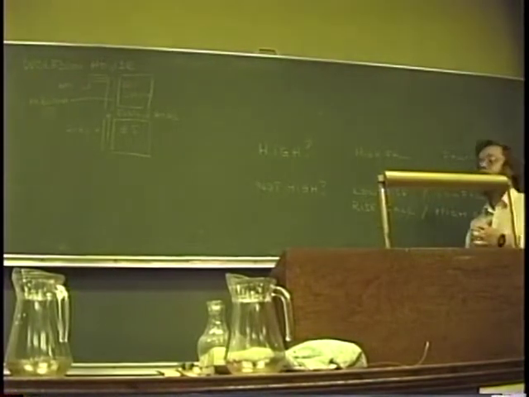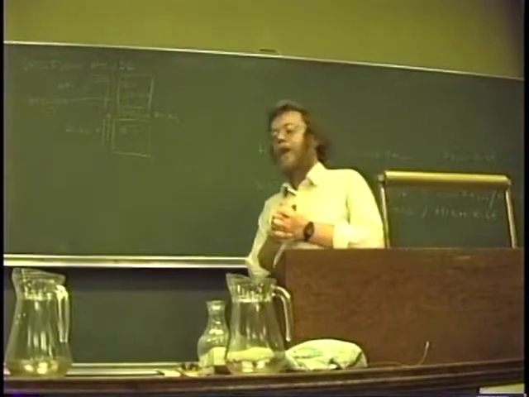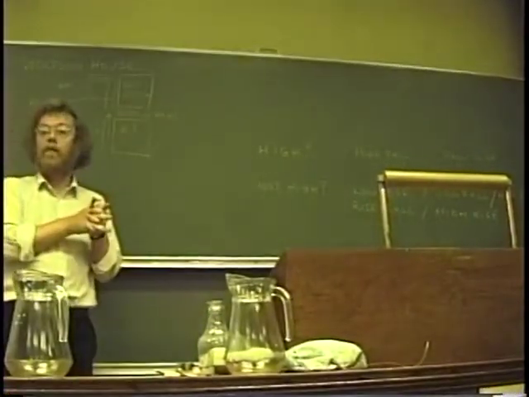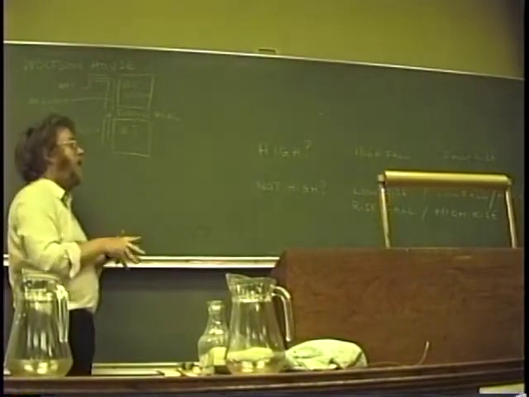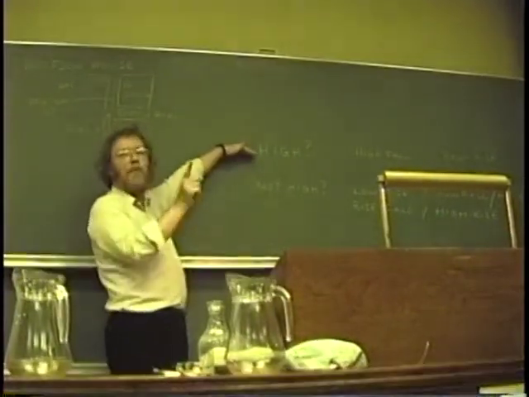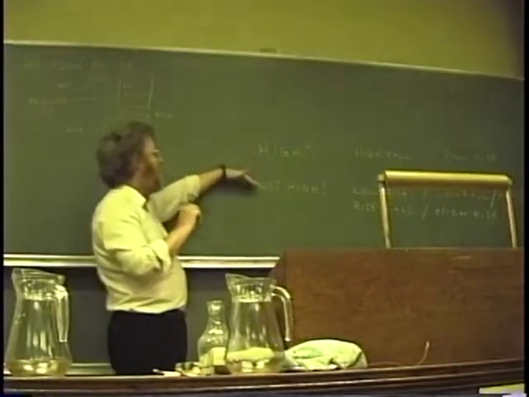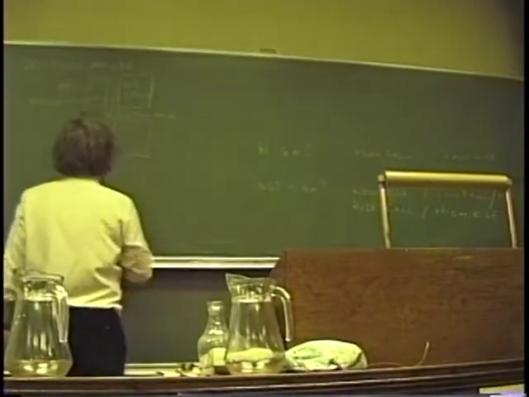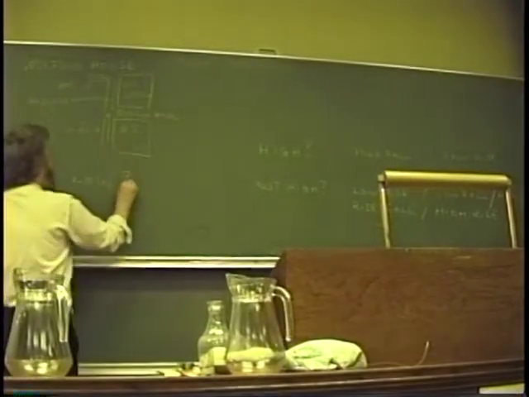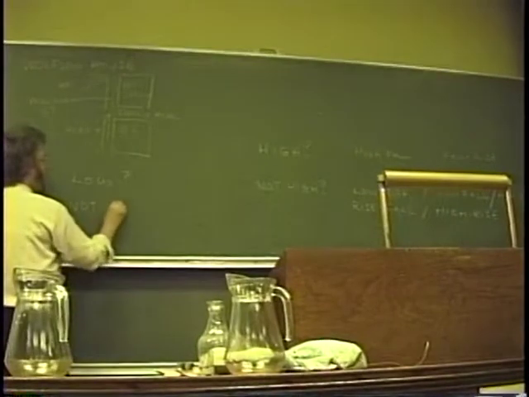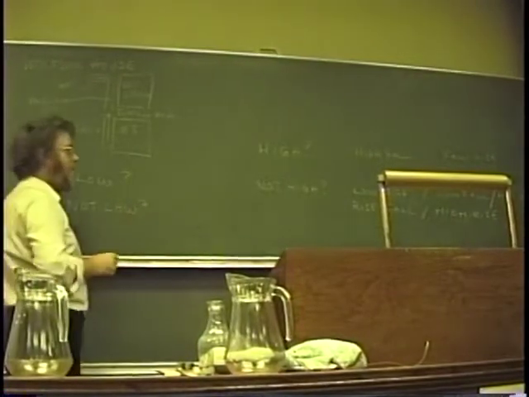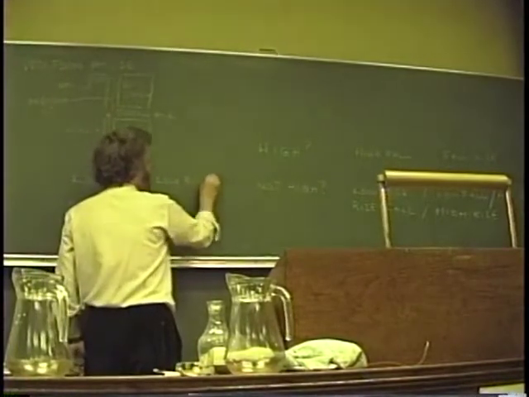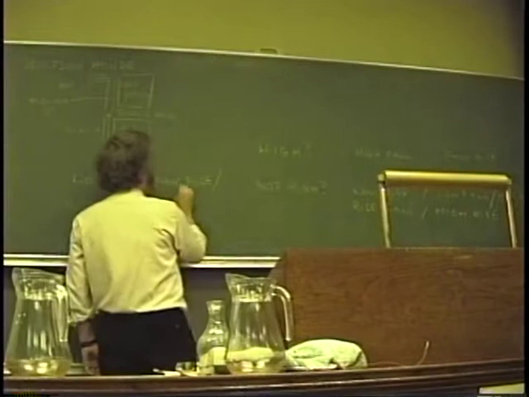You can ask yourself another question. Is the nuclear syllable low or not low? Now, if you answered high, don't bother asking that question. But if you answered not high, ask yourself, is the nuclear syllable low? So if it was low, then it was a low rise, or possibly a rise fall.